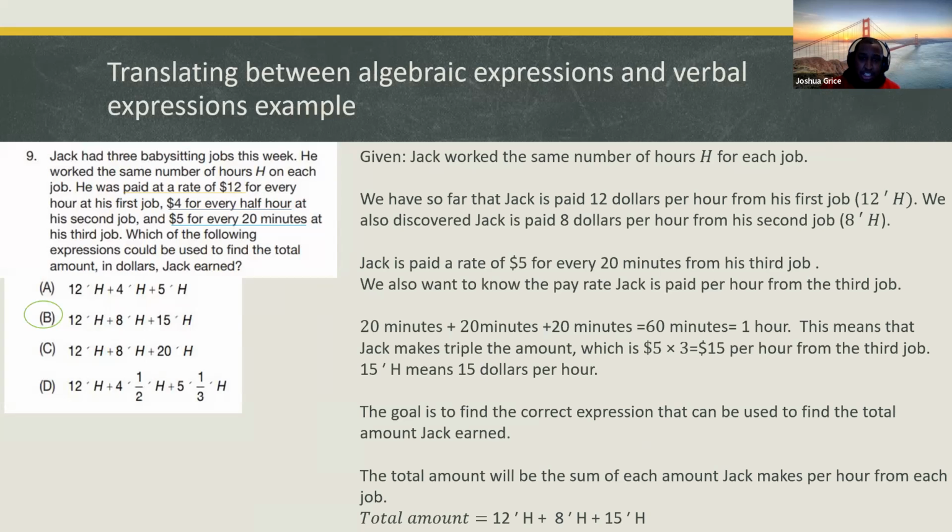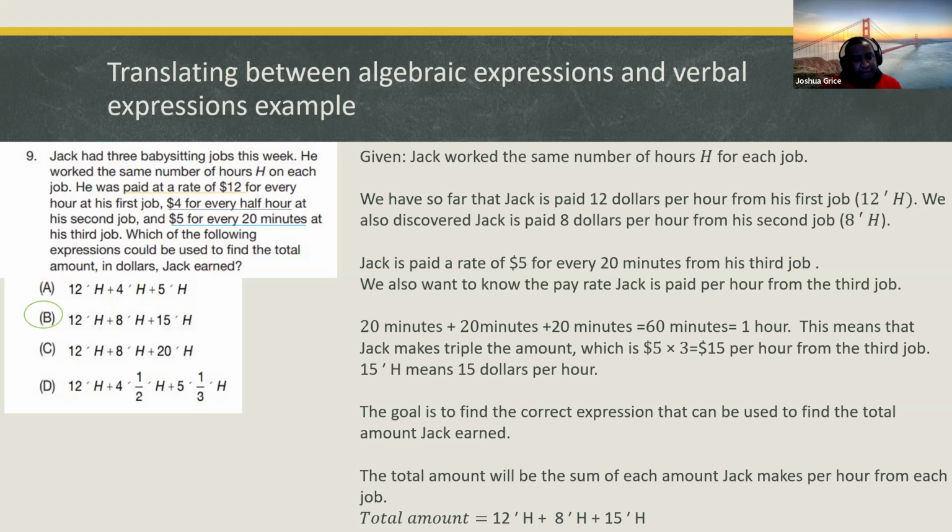So he's making triple the amount. This is how we come up with $5 times 3, and that gives us that Jake is actually making $15 per hour from his third job. And we use the little notation 15'H. This represents $15 per hour.